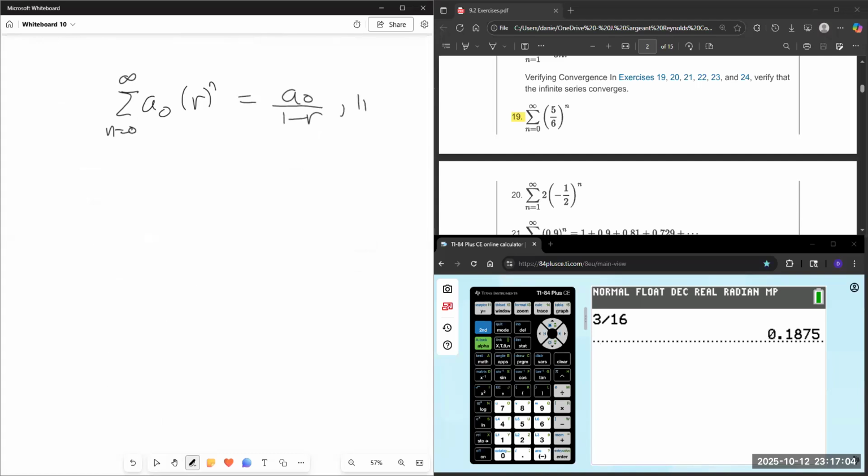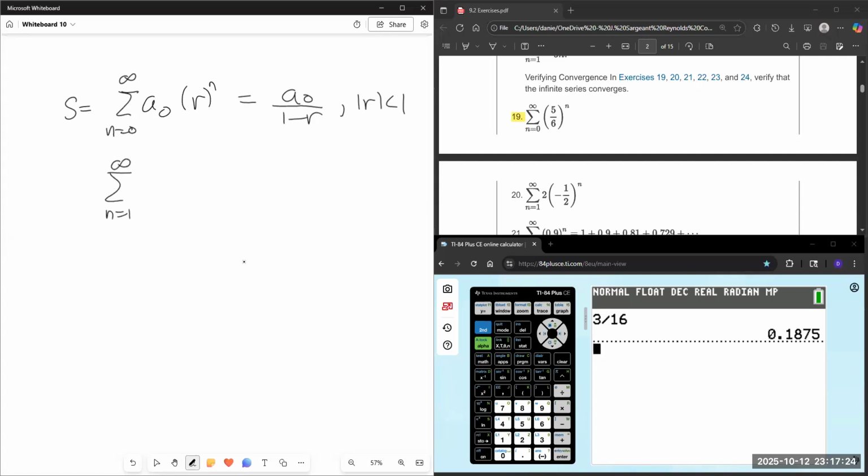Again, the absolute value of r has to be less than 1 for that to be true. So we just have a formula here for s, where s is equal to a sub 0 over 1 minus r.